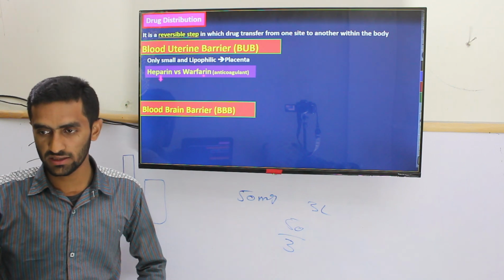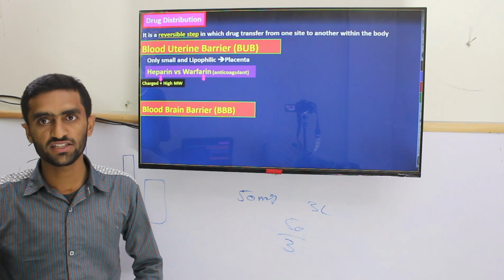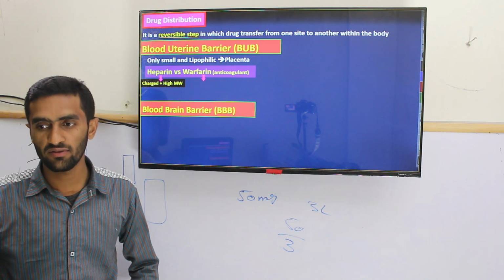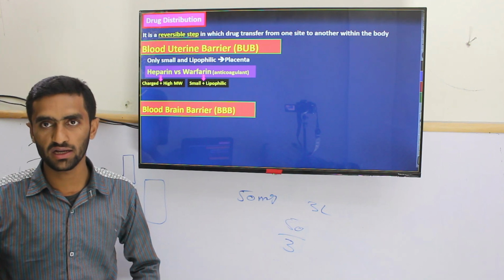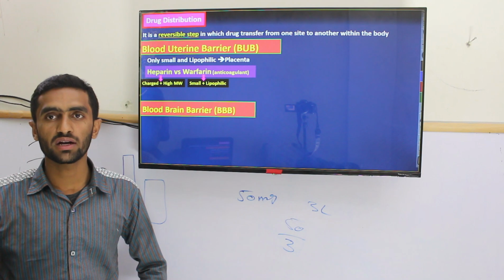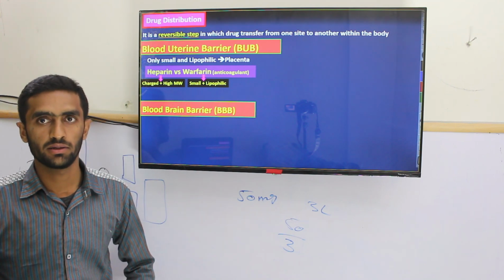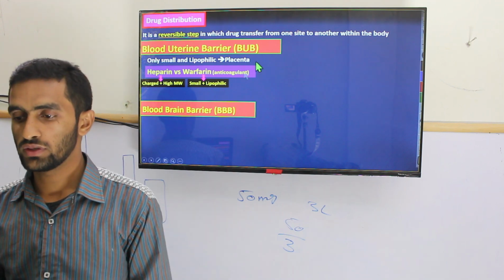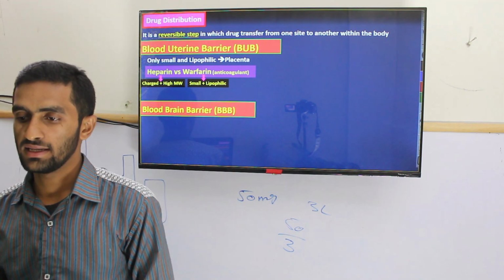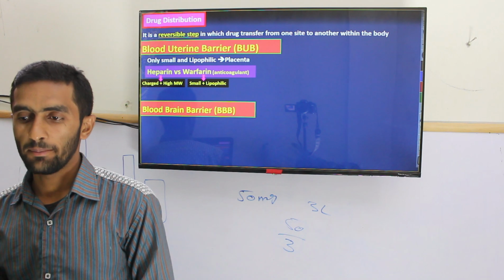I'll give you some hint. Heparin is charged and high molecular weight, while warfarin is small and lipophilic. Which anticoagulant will you prescribe to the pregnant woman? Of course, you're thinking right, heparin.